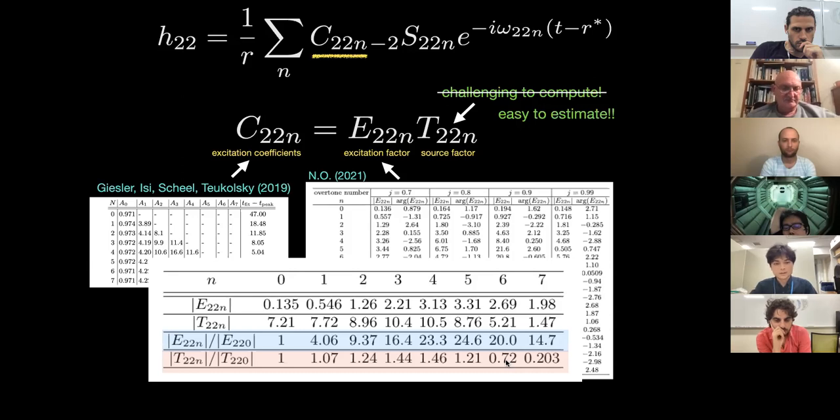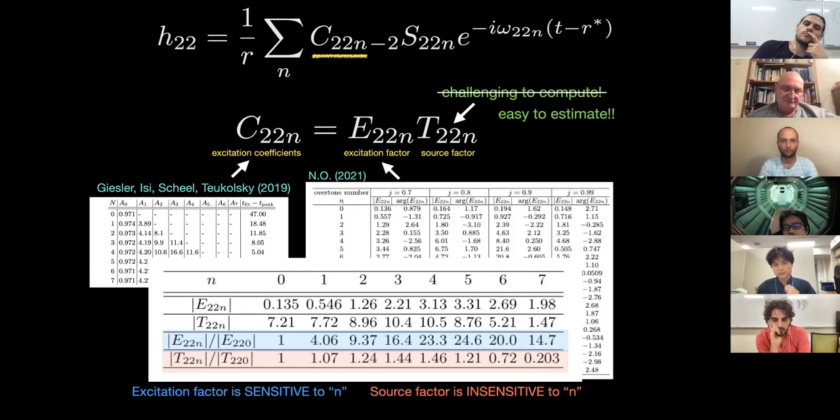So we can say that the excitation factor is very sensitive to overtone numbers, but the source factor of the binary black hole merger is insensitive to the overtone numbers. In other words, to discuss the importance of overtones, the source factor is not as important as the excitation factors.